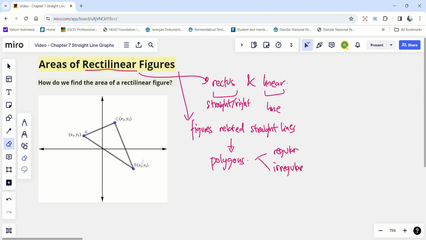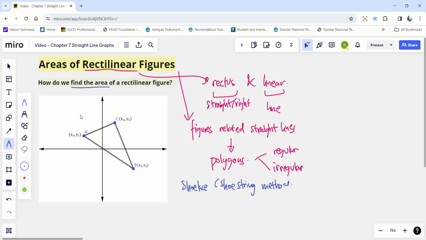To know how to find the area of the rectilinear figure, I put the derivation in another handout, the derivation of the formula, which we know as the shoelace, or in some resources the shoestring method. Essentially there are two ways to find the area.